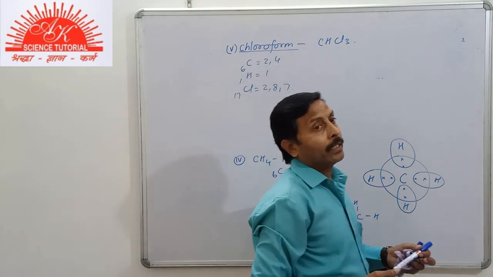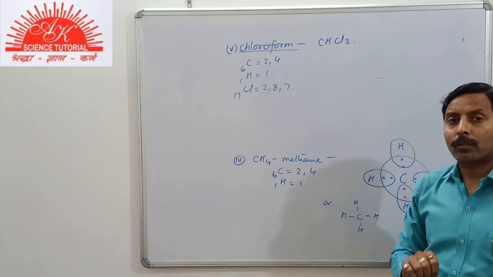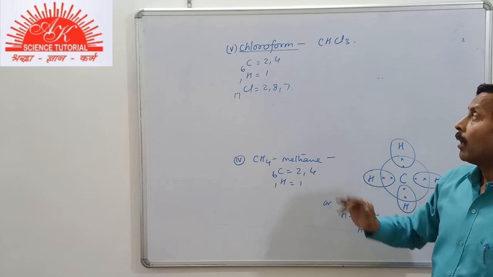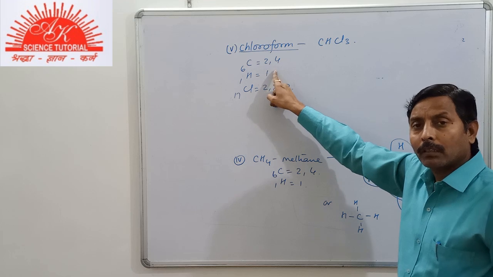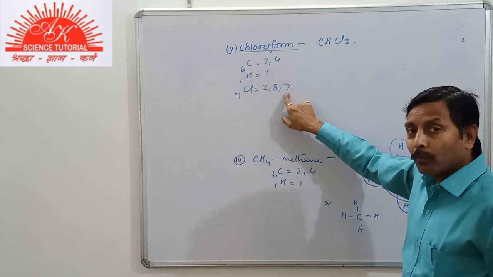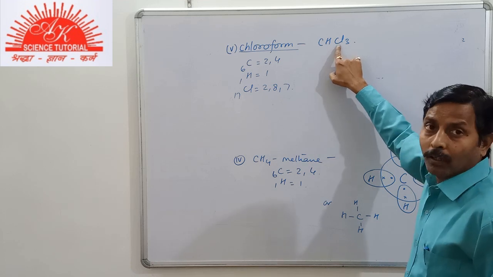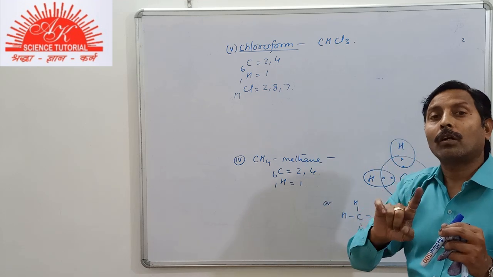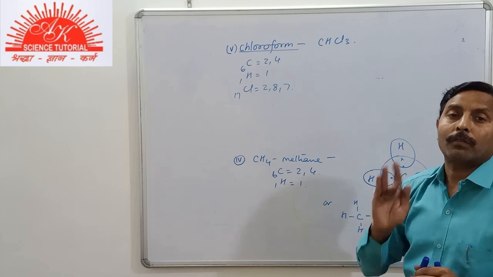Now again you see here that carbon requires 4 electrons. Hydrogen requires 1 electron, so it can share 1 electron with it. Chlorine requires 1 more electron, so 3 chlorine atoms will share 1 electron each with the 3 electrons of carbon.